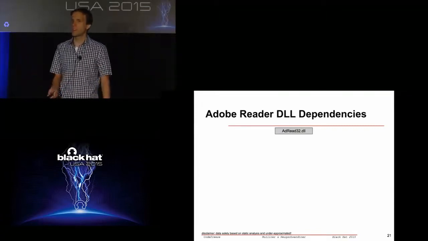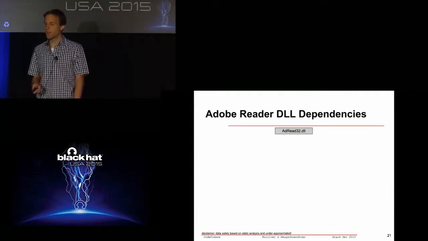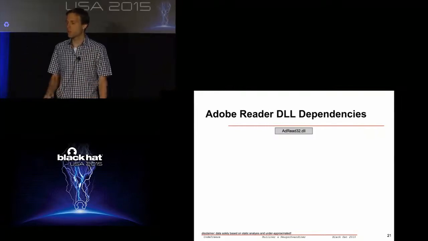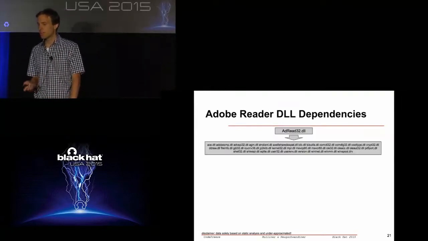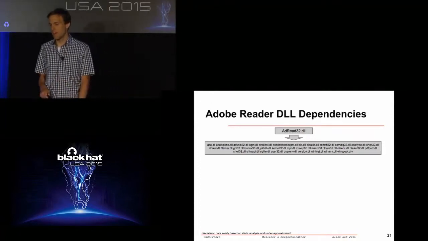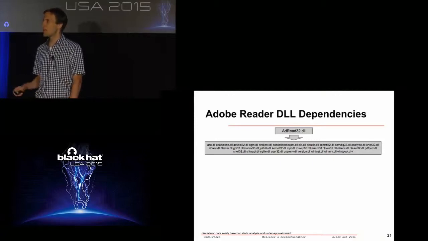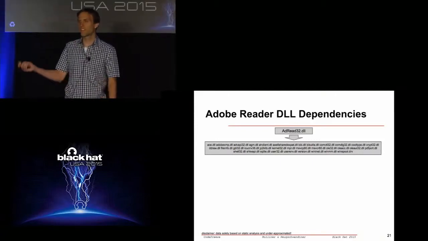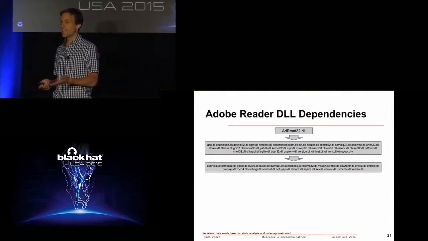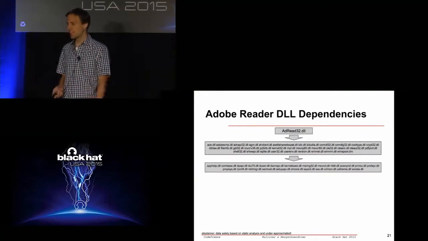As an example, we took a look at Adobe Reader, and we started out with the DLL that provides the main functionality of Adobe Reader, which is read32.dll. Then we looked at what the dependencies of this DLL are. It was already a bunch. But then again, that's just the initial step, because these DLLs themselves depend on other DLLs.